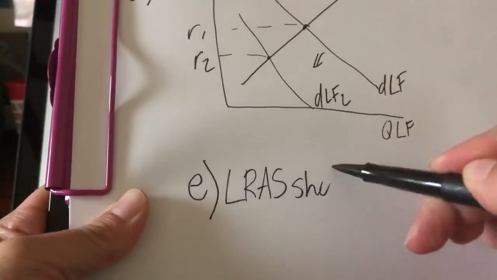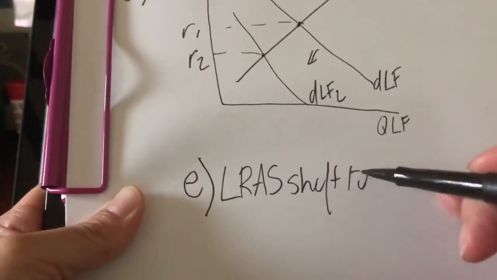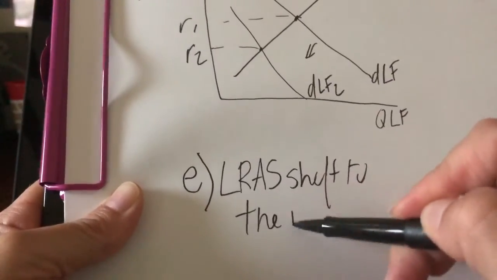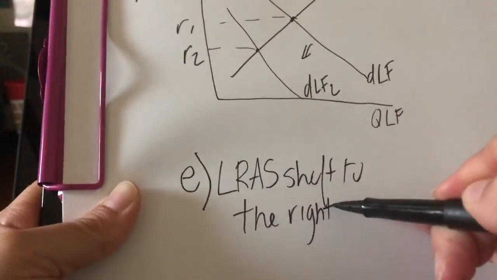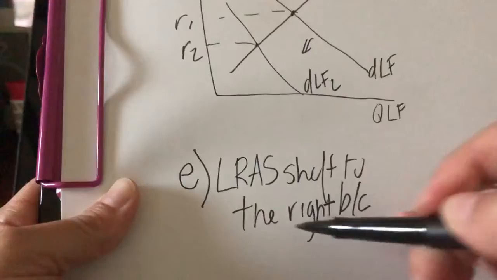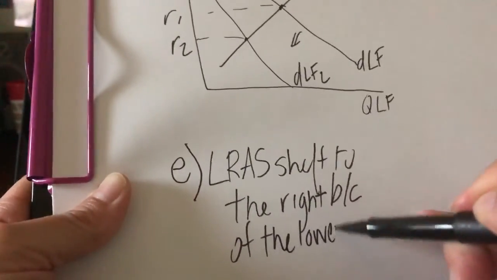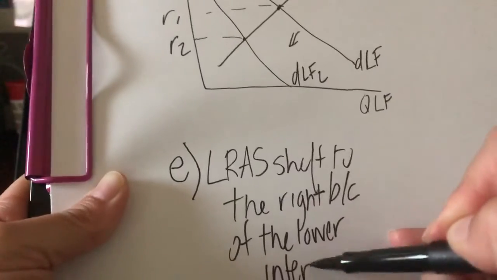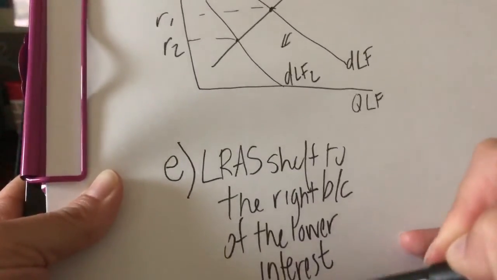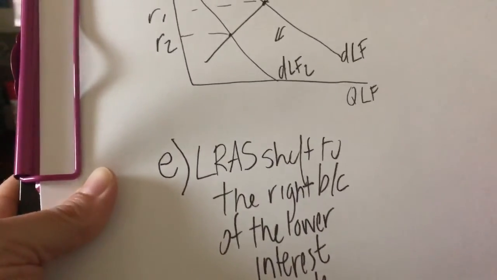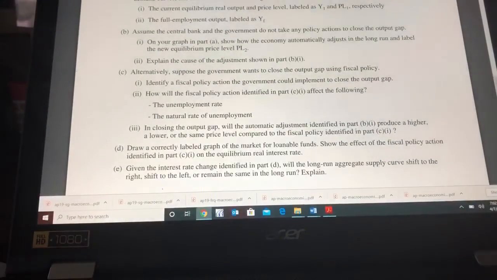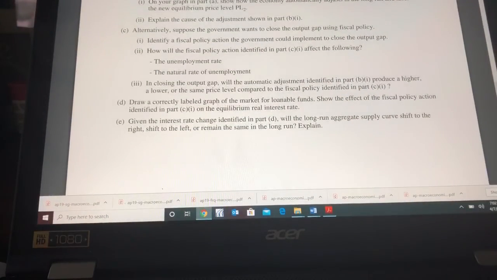It will shift to the right because of the lower interest rate. There we go. We've officially answered a short answer question, and I explained it.